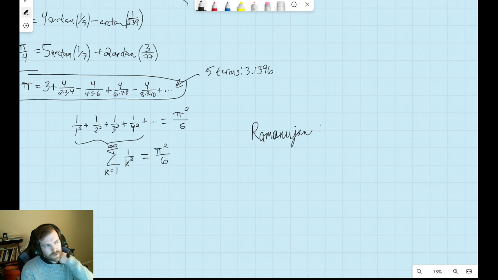So the Ramanujan formula ends up being 1 over pi. But again, you could just make it 1 over this thing, and it's fine.